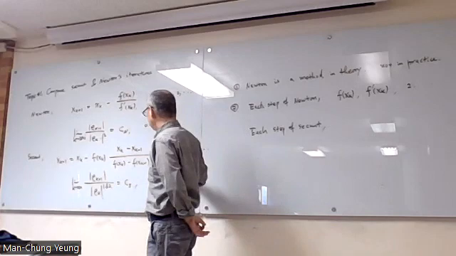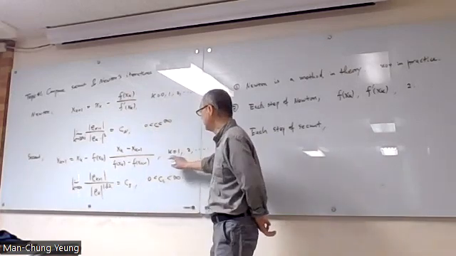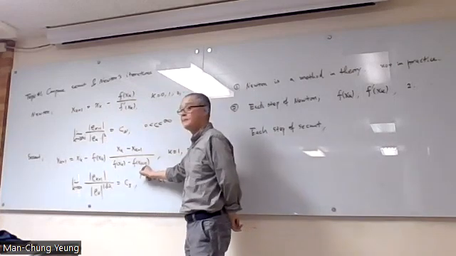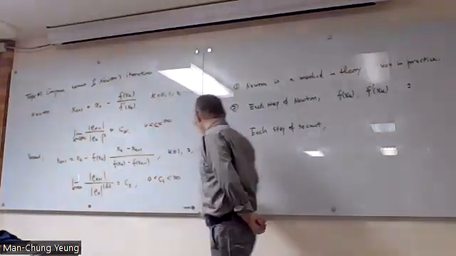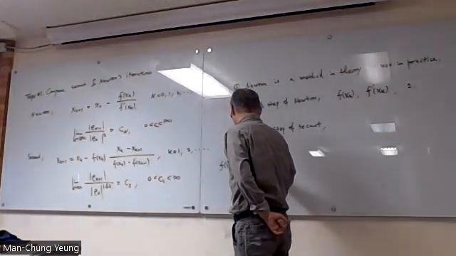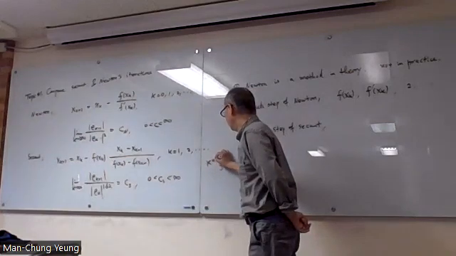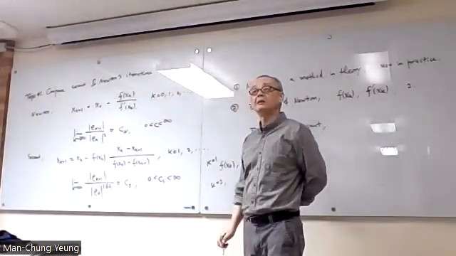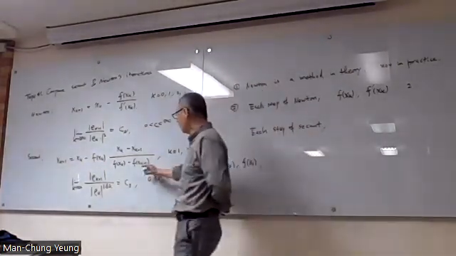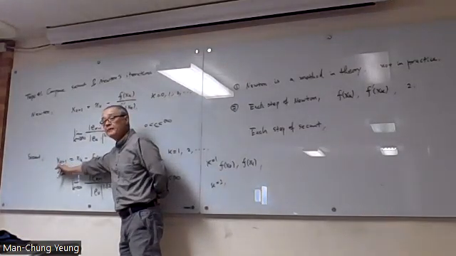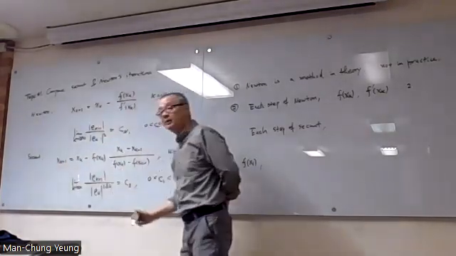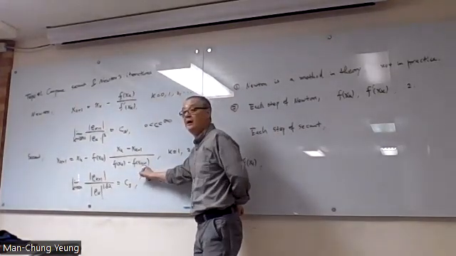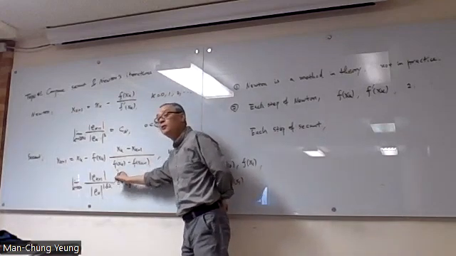When k is 1, we need to load f(x0) and f(x1). This is k is 1. When k is 2, in order to obtain x3, we need f(x1) and then f(x2), right?